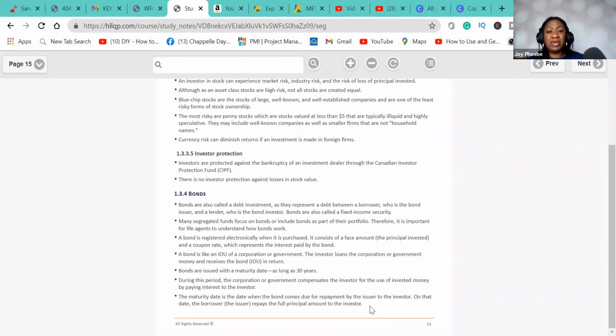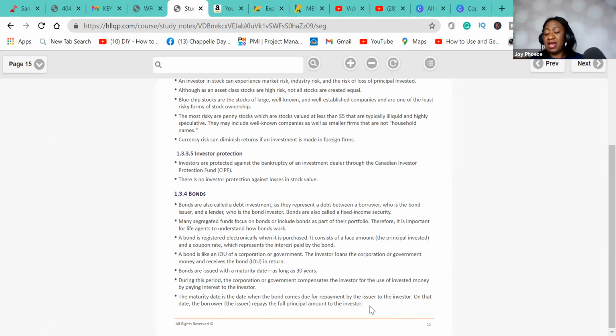Okay. And in compensating me, the government every month will be paying me interest on the money that they've borrowed from me. All right. However, my capital is still intact. So every month I get this coupon rate, which is the rate that is determined from the beginning.